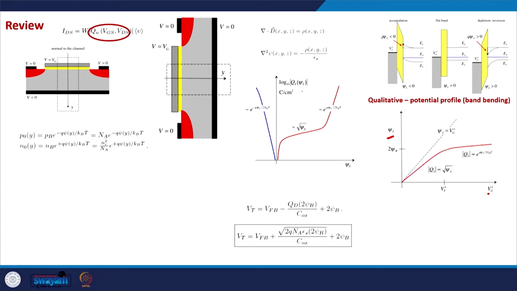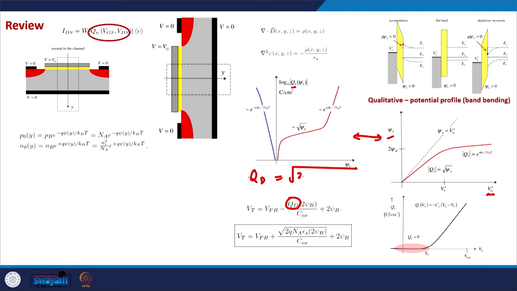So that's how we can understand the relationship between Qs and Vg, if we couple both of these plots. Finally, we have seen that the depletion charge is directly related to the surface potential via this relationship, and we would also like to know how the mobile charge is related to the gate voltage.